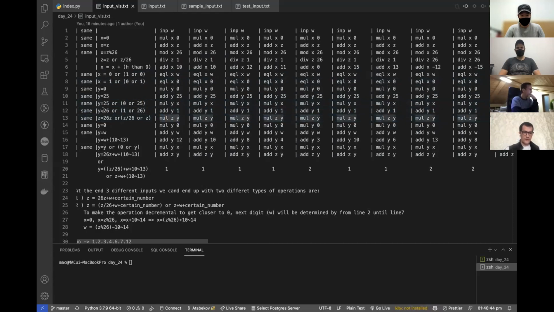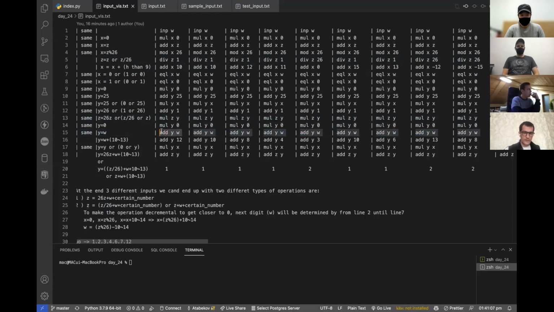Multiplying z by y, we'll have 26z, because our y was 26, or z divided by 26, because in some of them we are dividing z by 26, or leaving z. One set of operations is done, and after that we are setting our y to 0 again here.